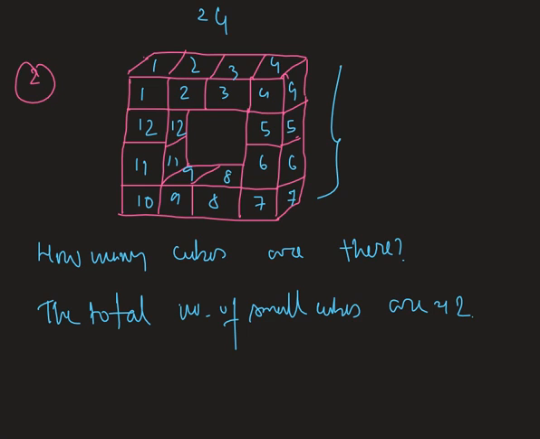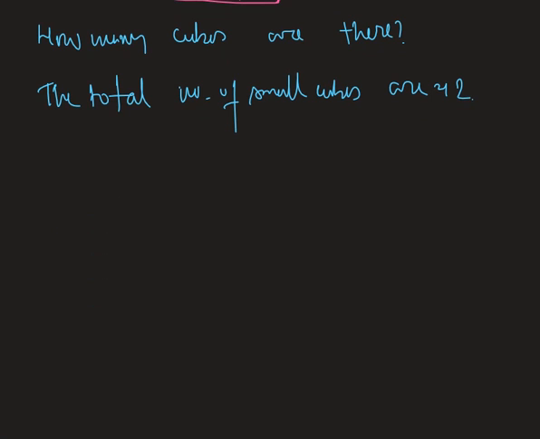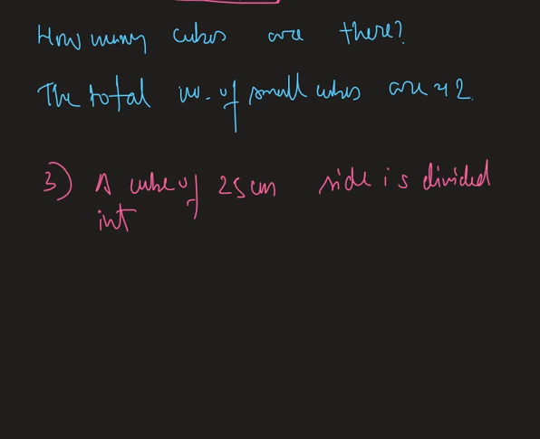Now let's do another sum to understand this concept more properly. Suppose a cube of side 25 centimeter is divided into 125 smaller cubes of equal volume.